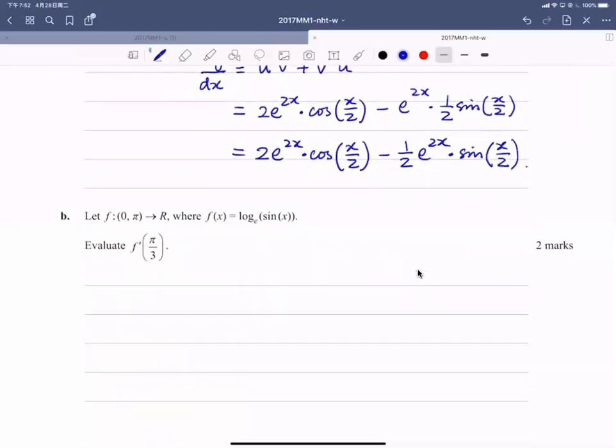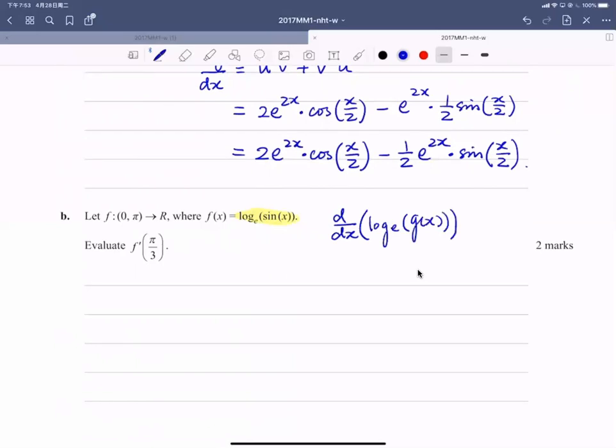Let f from 0 to pi be restricted, where f of x equals log e sine x. Evaluate f dash pi on 3. If I notice the pattern of that function, it's a composite function in terms of the log function.